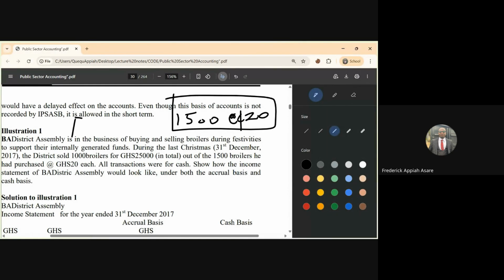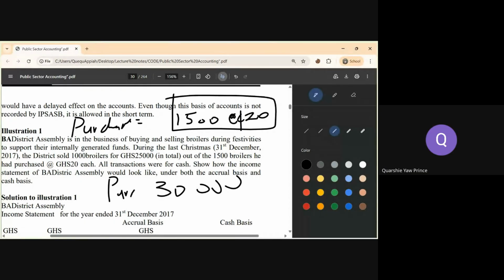So it means that their purchases that they made was how much? 1,500 by 20. Let's multiply it and see. 1,500 times 20. What will you get? 25,000. Are you sure? No, 30,000 rather. Sorry. 30,000. So 30,000 is our purchases.